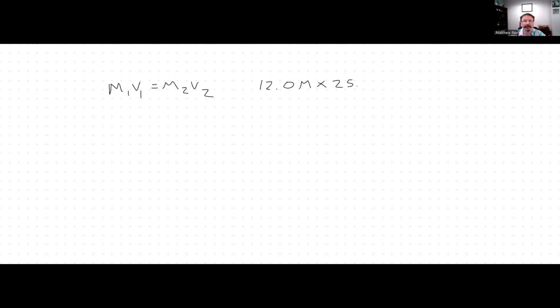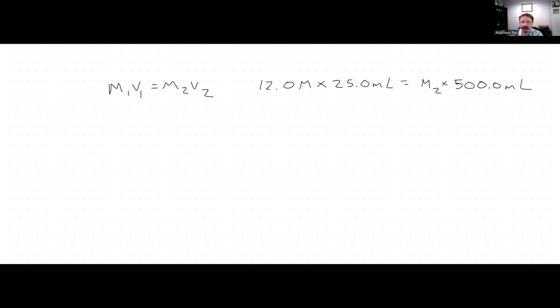You could rewrite this in liters if you want. We want to know the concentration of the new dilute solution. That's our M2, our variable, and we have the volume for that, 500 milliliters.